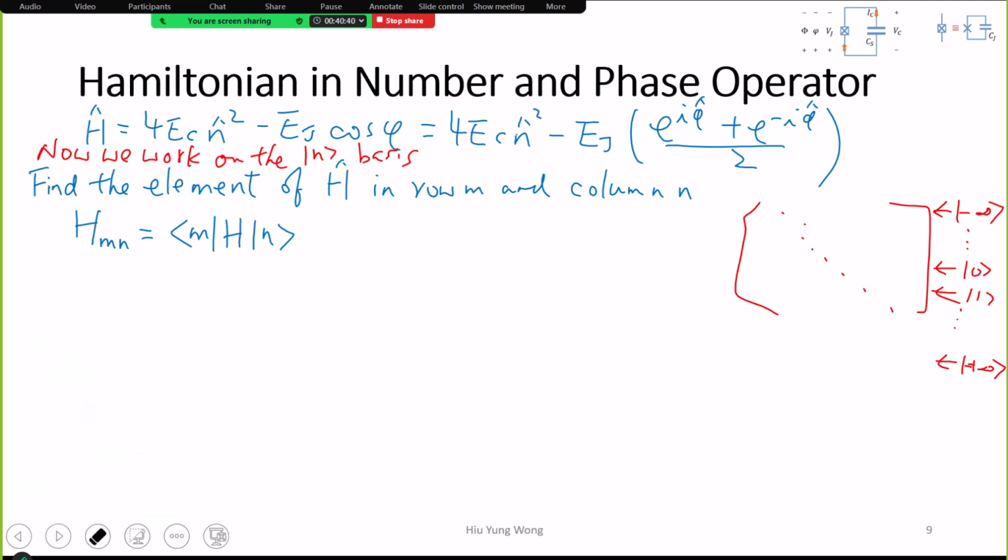So you have a matrix that has an infinite number of rows and columns if I want to describe the system correctly, right? So Mn, and of course this is the N basis, represents that.